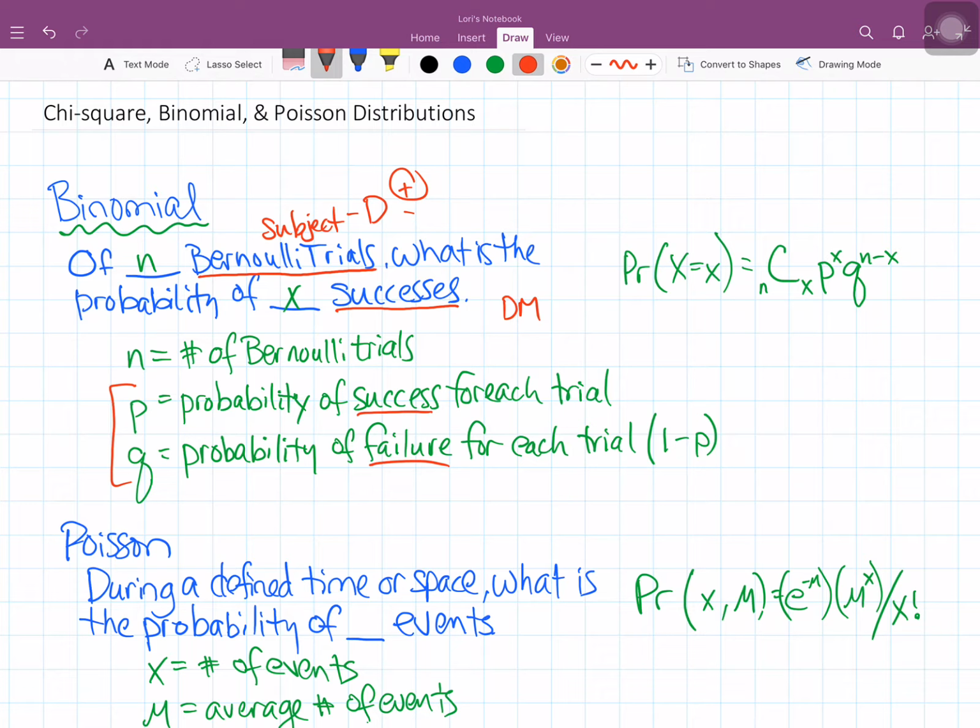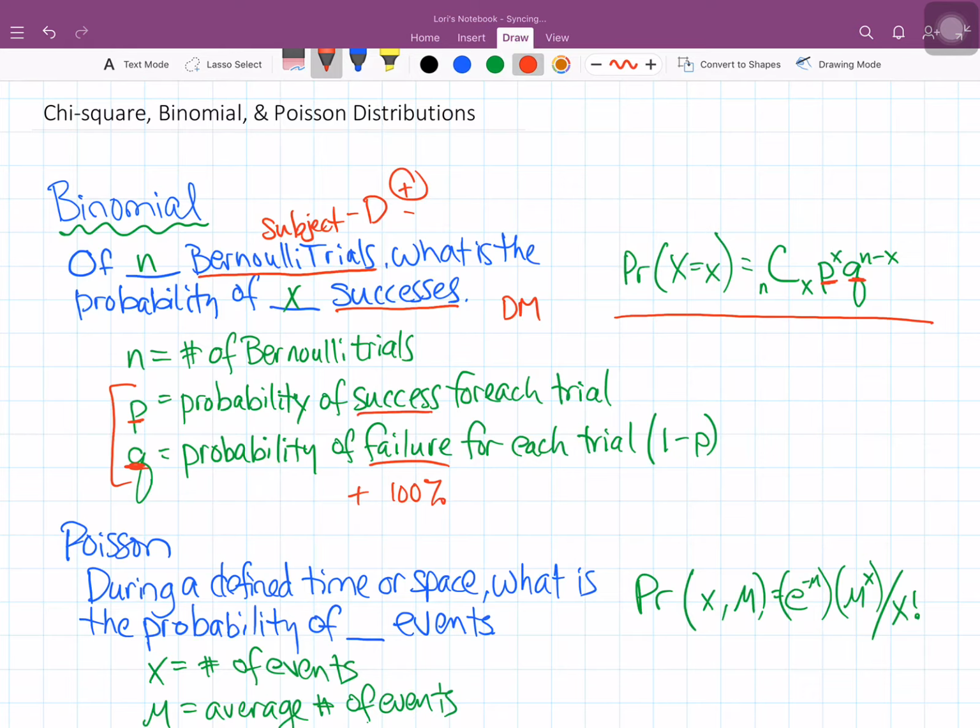So here's the equation, and I only give that to you so that you can have seen that it has this probability of success, here's the P, and the probability of failure, or Q. Those two things by definition must add up to be 100%.